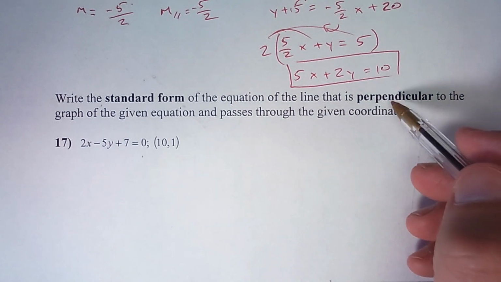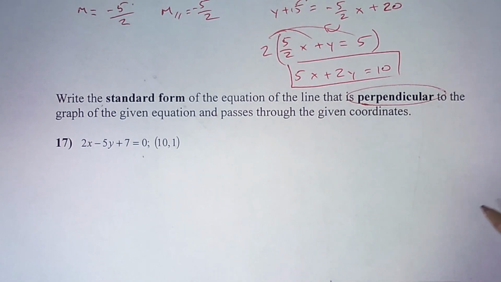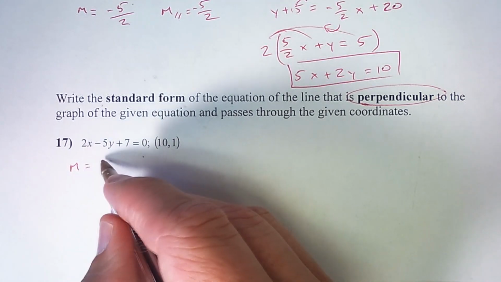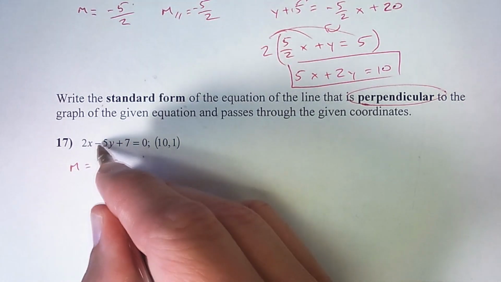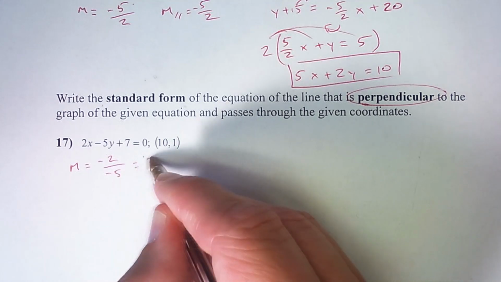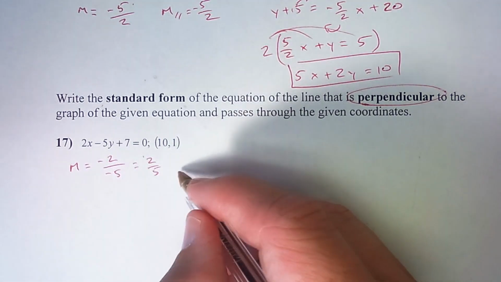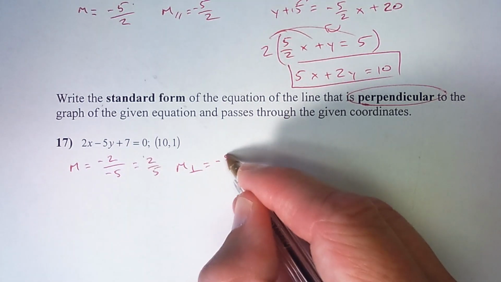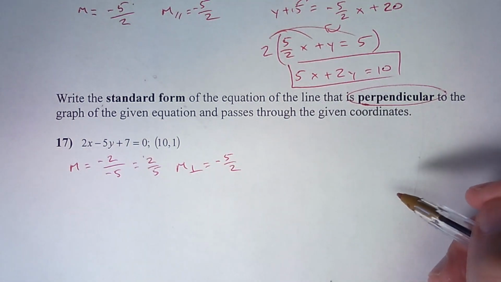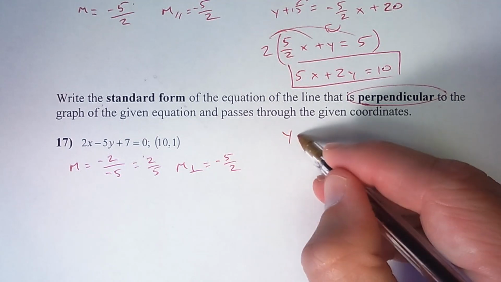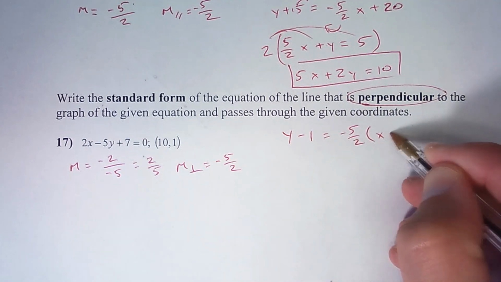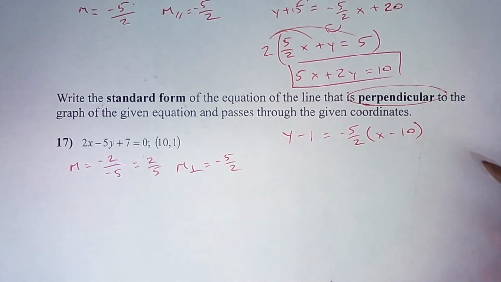Okay, very similar skill here, except this time it is perpendicular. So we start with the slope, which is the opposite of A over B. So that's 2/5. The slope of a perpendicular line is the opposite reciprocal, -5 over 2. So we have y minus y1 equals m times x minus x1.